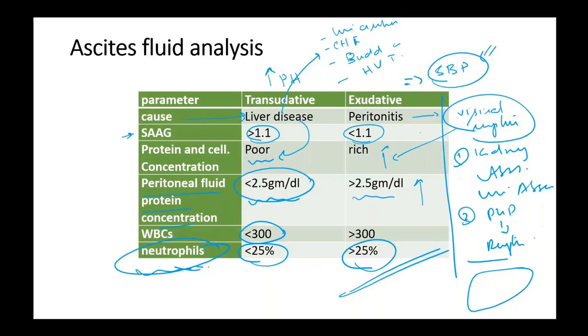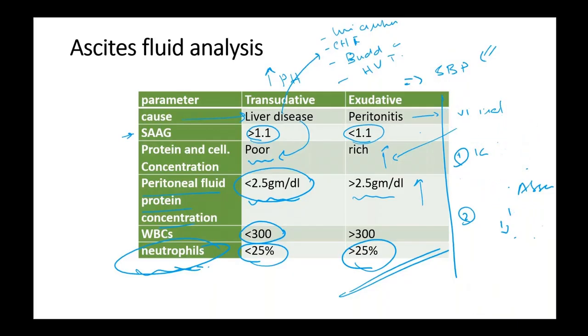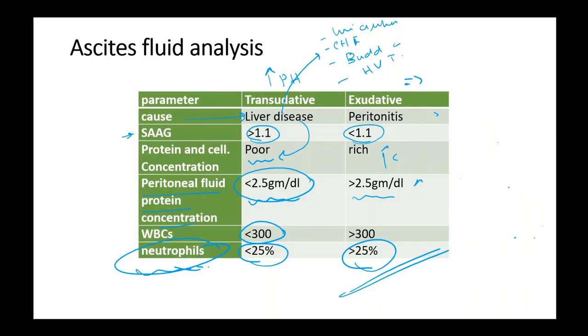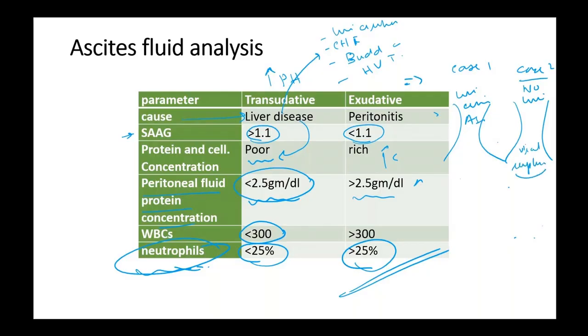Why is it important to differentiate? Let's say this is case 1 and this is case 2. This patient has liver cirrhosis and ascites, and this patient has no liver cirrhosis but has a visceral rupture causing ascites.